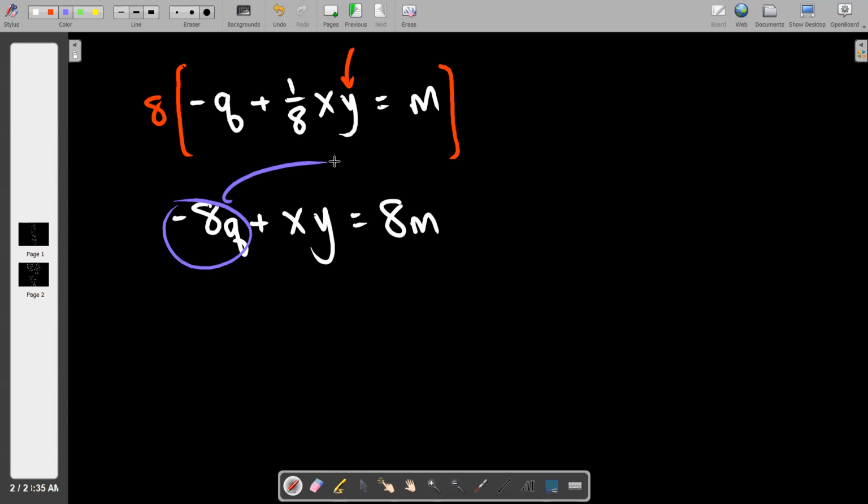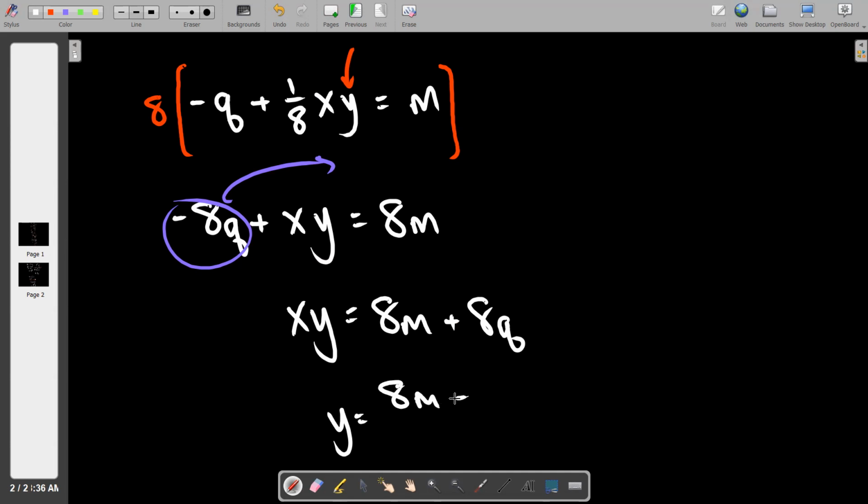I say negative 8q, get yourself on out of here, and I'm left with xy equals 8m's plus the newcomer over there, 8q. And I'm solving for y, so I divide by x. So we're left with y equals 8m's plus 8q's, all divided by x.